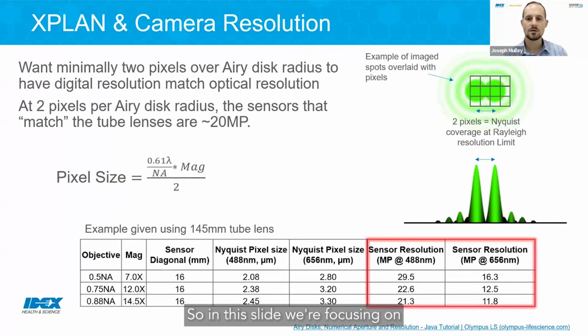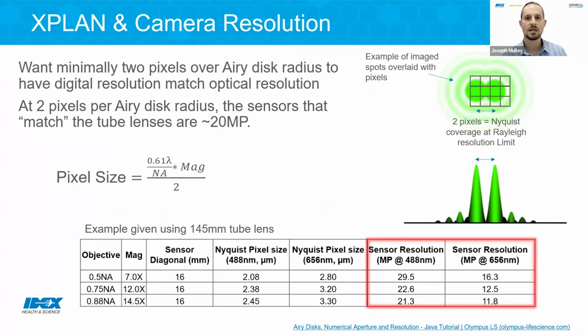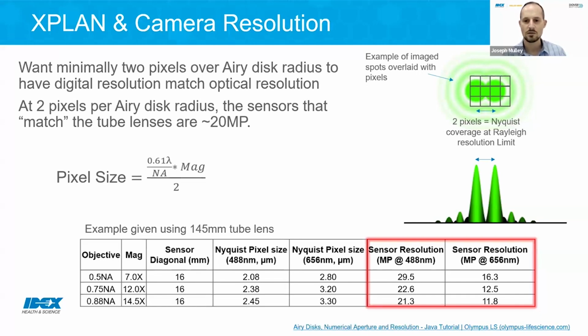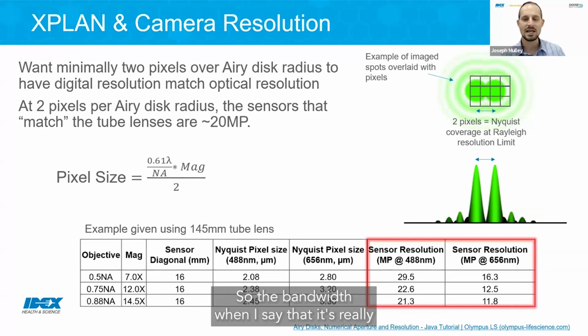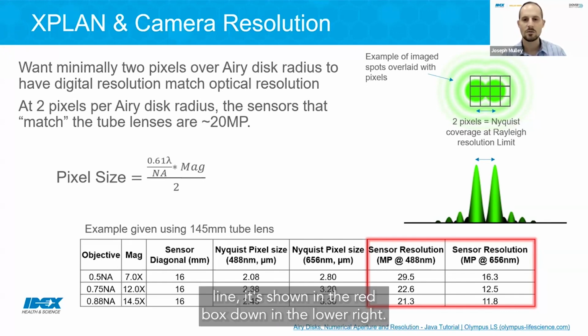So in this slide, we're focusing on matching the optical bandwidth to the bandwidth of the sensor. This is essential when it comes to maximizing instrument throughput. So the bandwidth, when I say that, it's really just another way of saying the full information content. So as you can see, the optical bandwidth of the XPLAN line, it's shown in the red box down in the lower right. It depends significantly on the wavelength that you're imaging with.